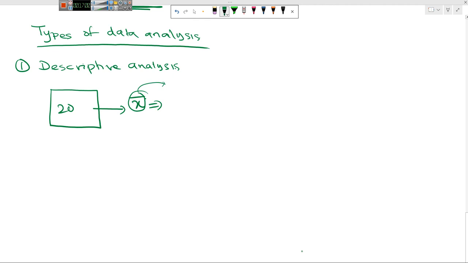Then we have the second type, diagnostic analysis. Under diagnostic analysis, we explore why something happened by identifying relationships and correlations.